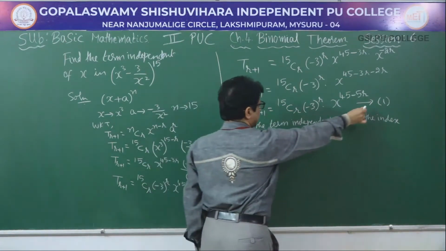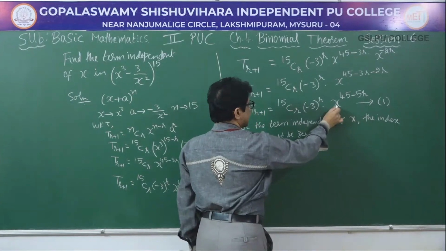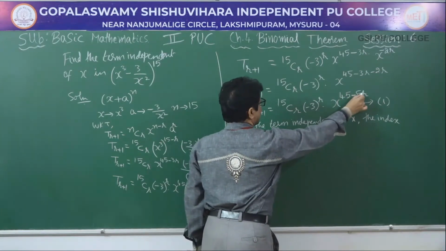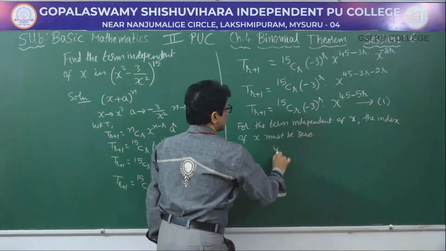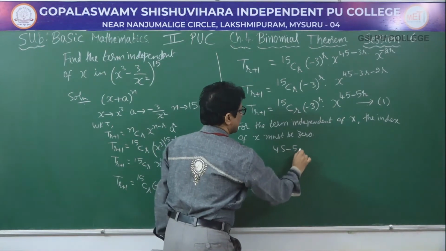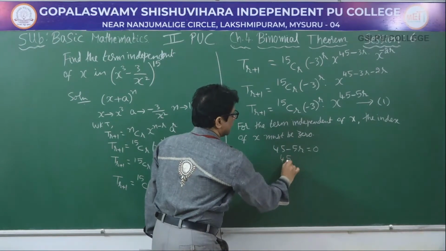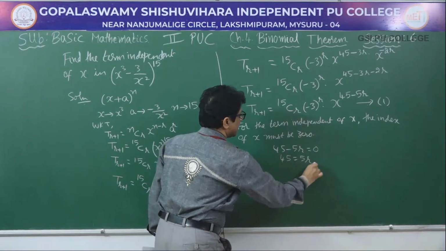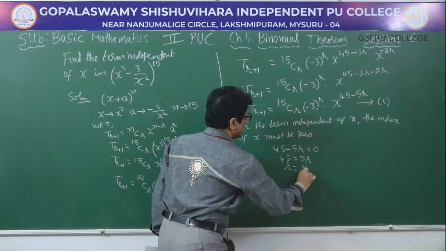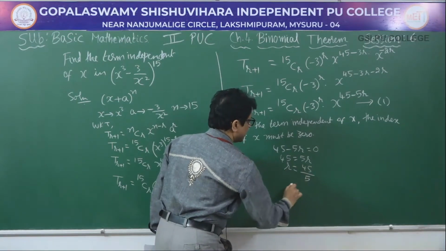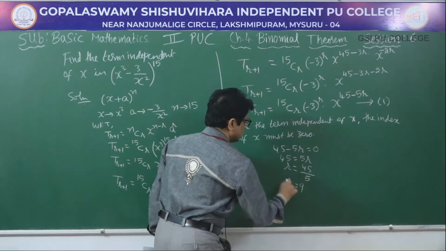In equation 1, the index of x is 45 minus 5r. So, 45 minus 5r will be equal to 0. So, 45 will be equal to 5r and r will be equal to 45 by 5. So, r is equal to 9.